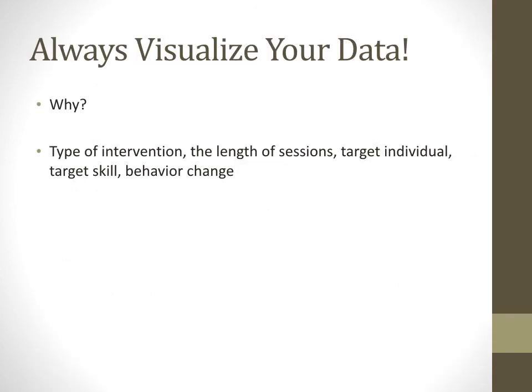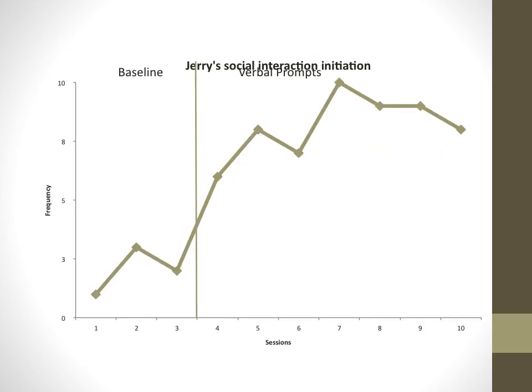We will always visualize your data using a graph so you can easily interpret your data. So here's the example. In a graph, you must include several elements. You must have x-axis, y-axis, and you have to label them.